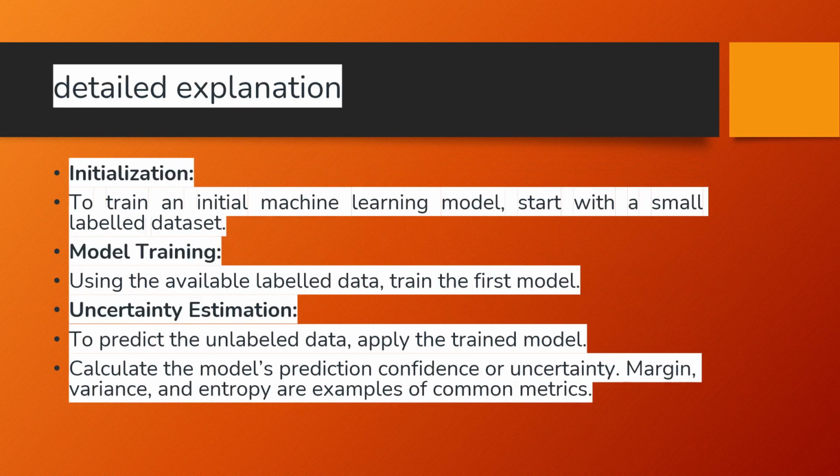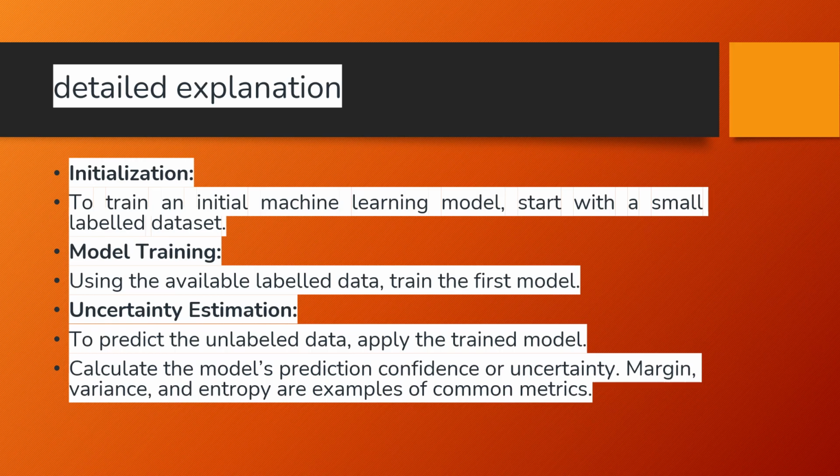Here is how exactly the model works. To enhance the machine learning model, active learning selects the most informative data points. For this, we need to do initialization first. Initialization: to train an initial machine learning model, start with a small labeled data set.